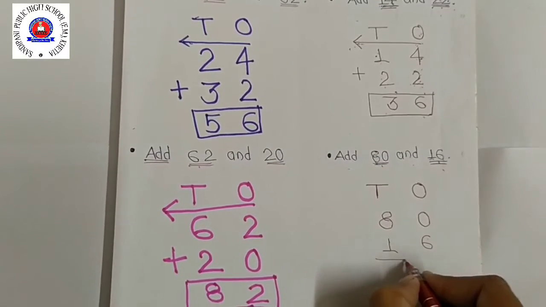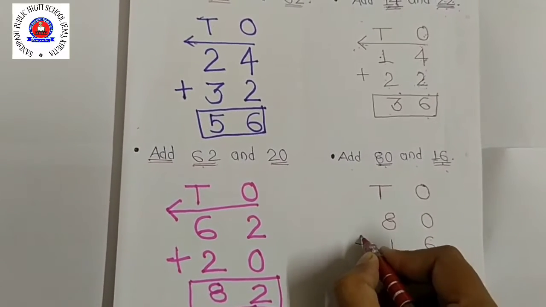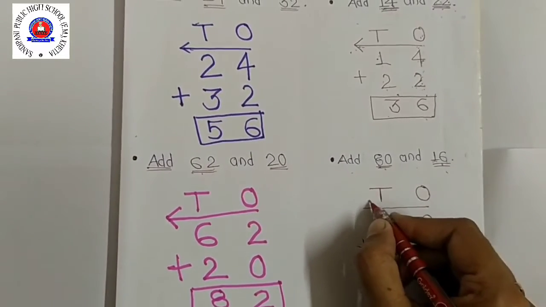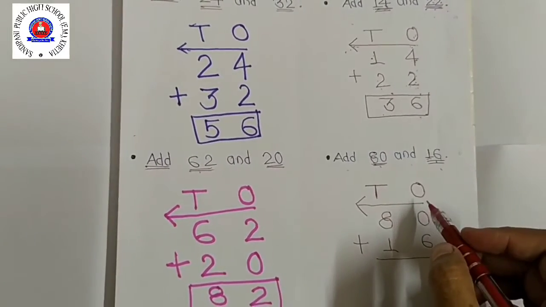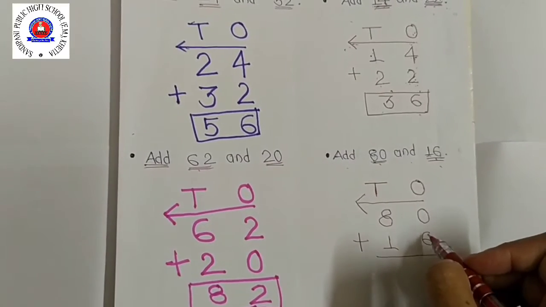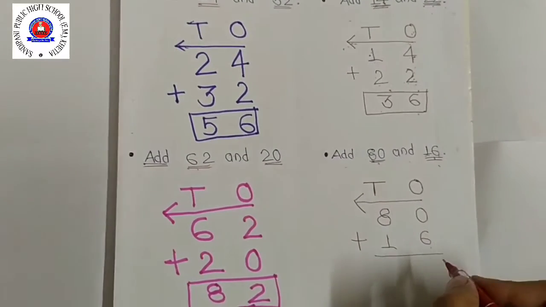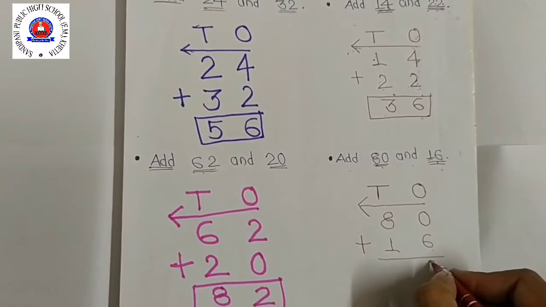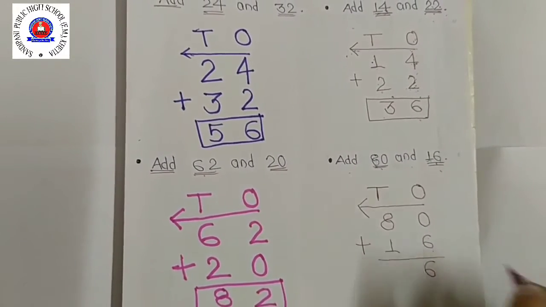Draw the line, put the plus sign, and now show the arrow. At first, the ones column digits: 0 plus 6. The same rule applies here: when we add 0 to any number, we get the number itself. So this is 6.